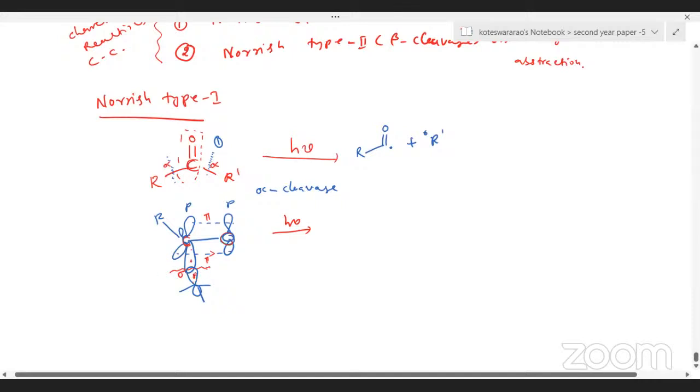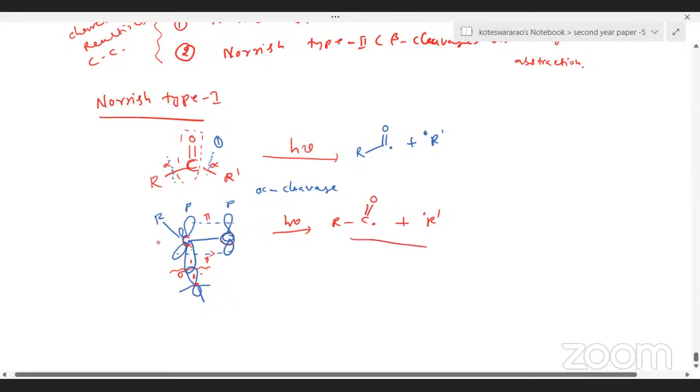When it undergoes homolytic cleavage, this carbon takes its electron from the bond, and the other carbon takes its electron from the sigma bond. The remaining fragment is R C dot double bond O. At the same time, the R prime radical is generated. These can be highly stabilized. These are the intermediates generated.